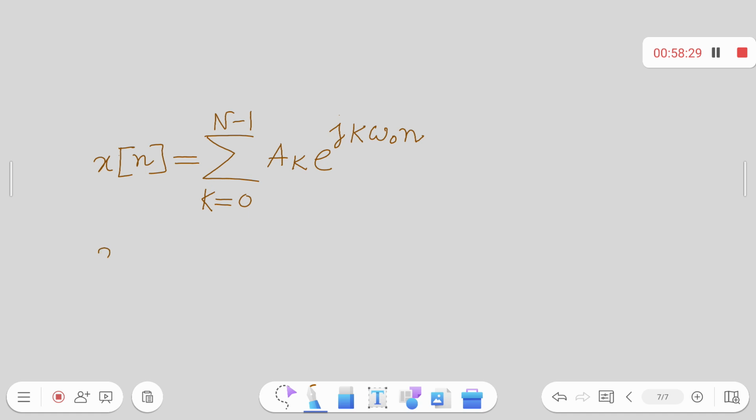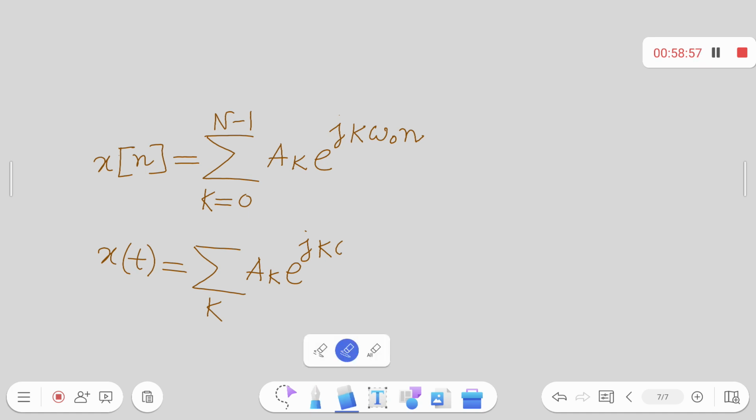And for this x of t, you don't have any problem, because there you can consider all the frequency components, as there is no such repetition. All the frequency components are distinct in nature. So here you consider all k, a k e to the power j k capital omega t. That is a representation of the signal in this particular form.